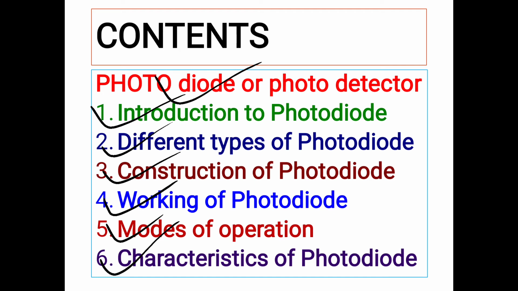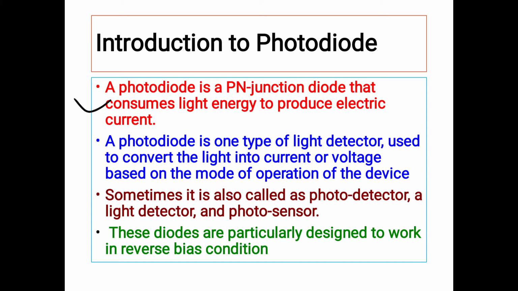So we are basically going to start with introduction to the photodiode. We can define the photodiode as a p-n junction diode that consumes the light energy to produce electric current. It is also known as photodetector. A photodiode is one type of the light detector which is used to convert the light energy into the current or the voltage based on the mode of the operation of the device.